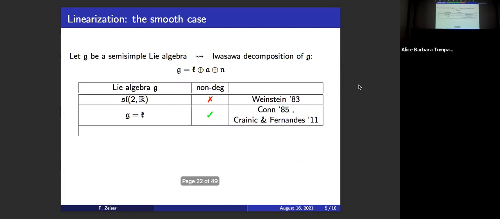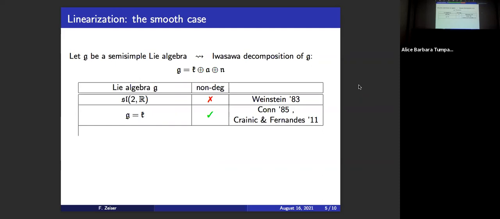And just 2 years later, Conn proved that if the semi-simple Lie algebra is in fact compact, then one can find a diffeomorphism. And he did this using the Nash-Moser method, which I will come to in a minute. Later, Kleinig and Fernandes proved the same result using geometric methods, not the Nash-Moser method.